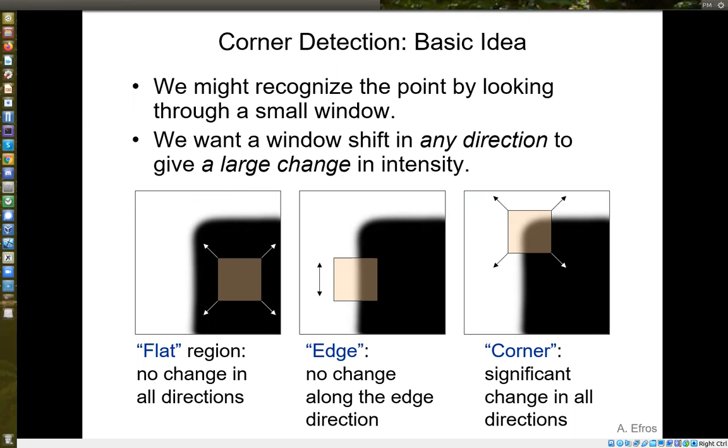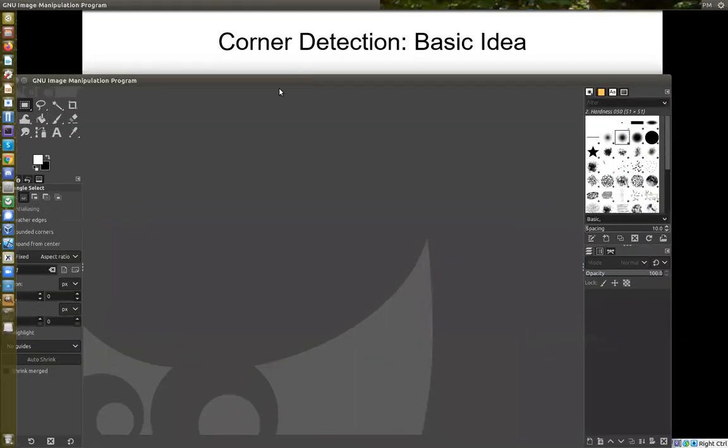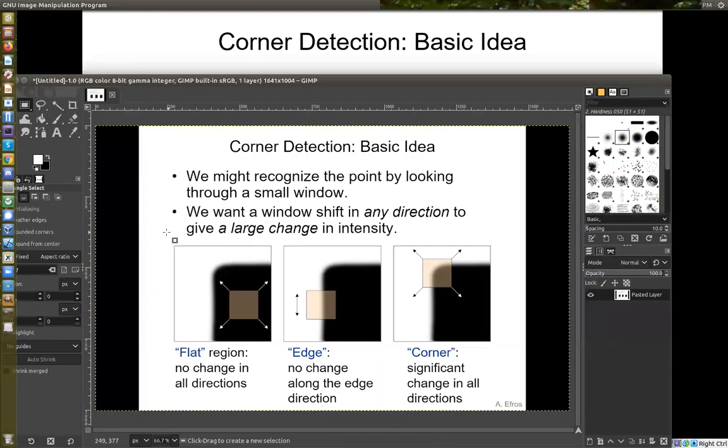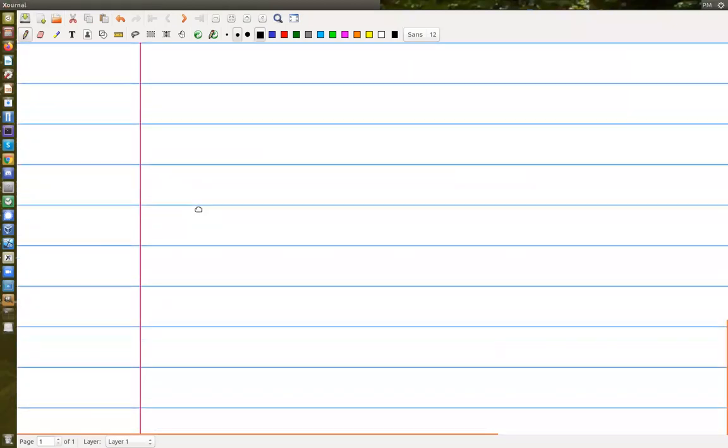I don't know why PowerPoint's pen is so difficult to use and cannot support Control Z. Let me copy this here. Maybe I even have a page with this.